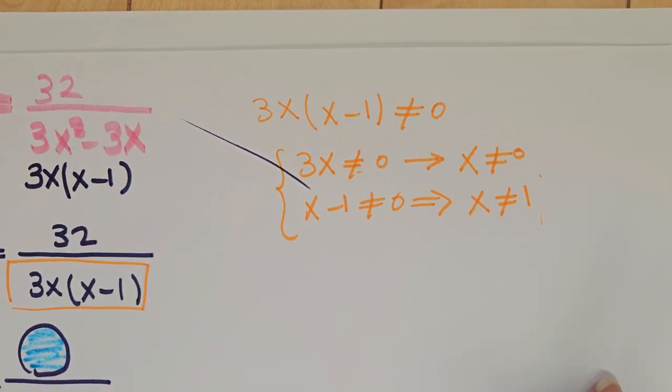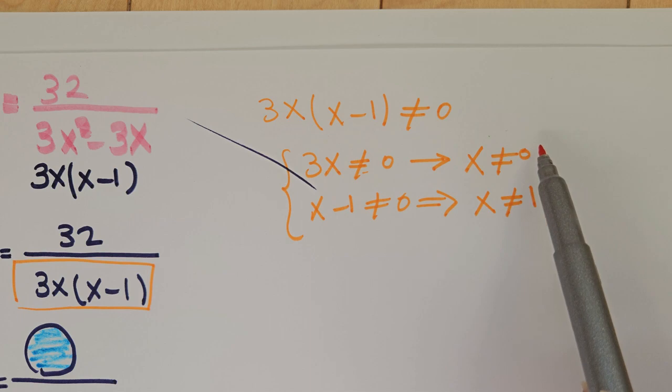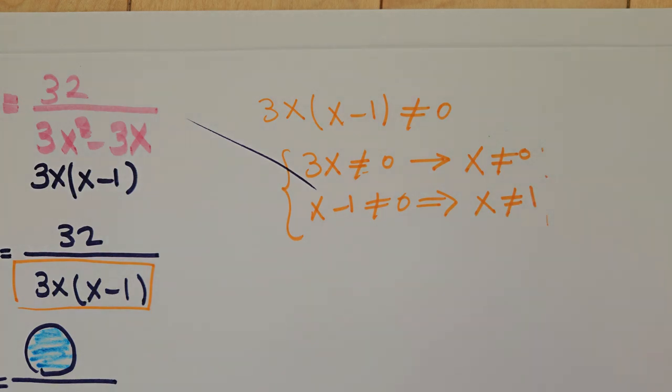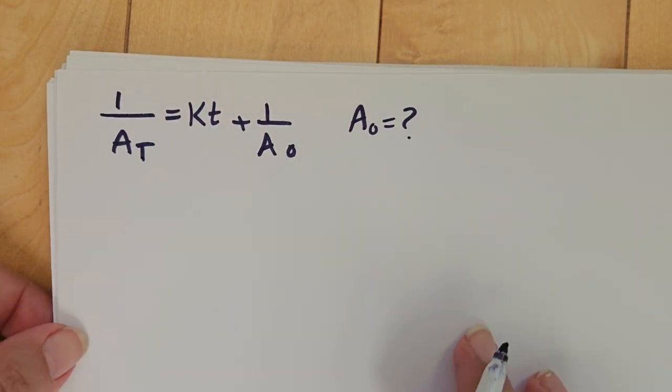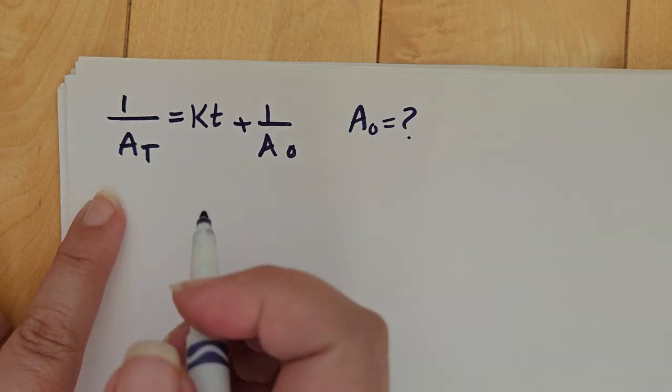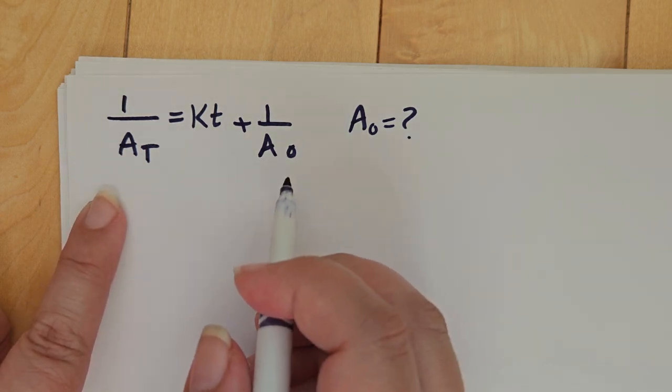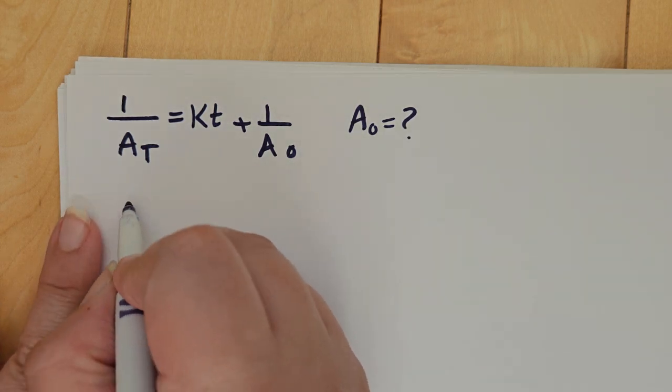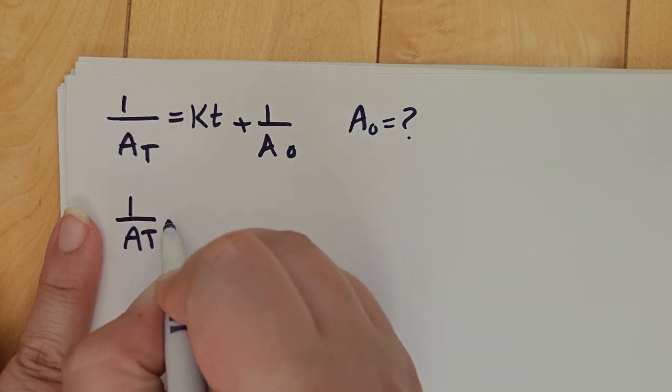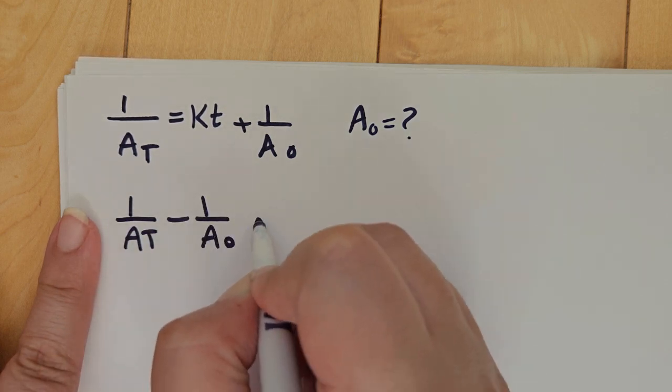So moving to the next question, here I have this expression again, and I'm asked to rewrite it with a0 as the main variable.